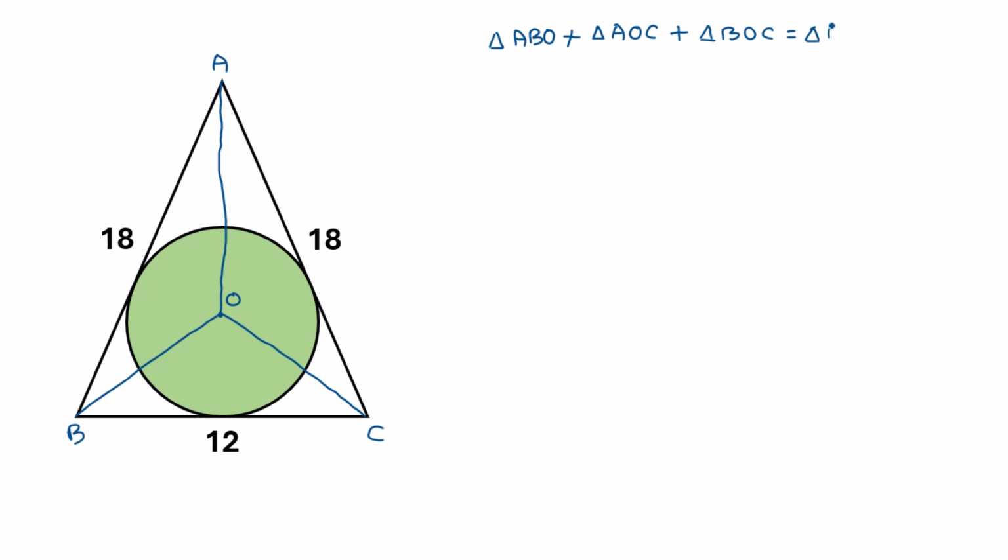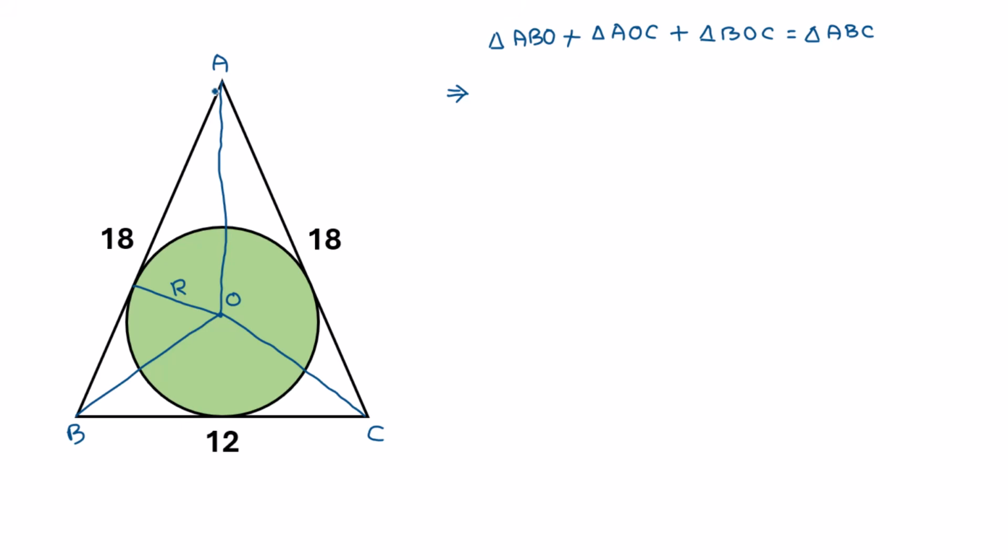Now consider the radius of this circle is R. So from the center of this circle to this point, this length will be R.